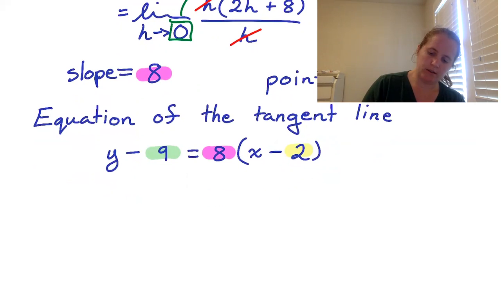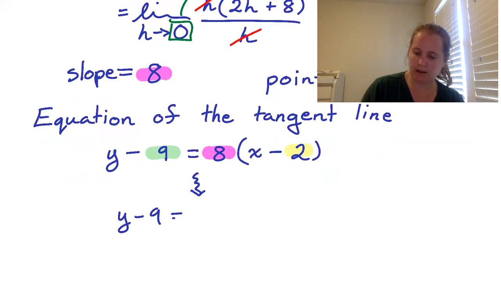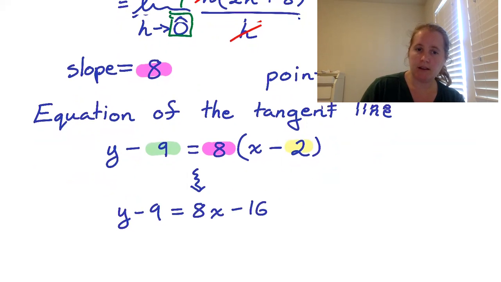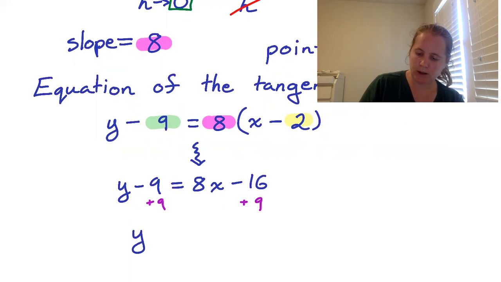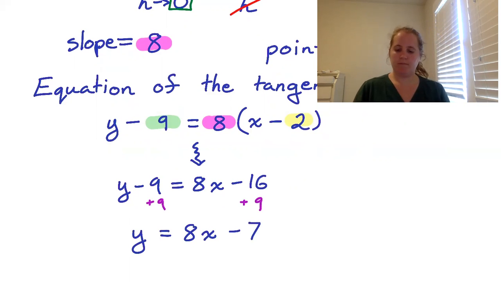So this is the same thing as y minus 9 equals 8x minus 16. And then if we added 9 to both sides, we wind up with y equals 8x minus 7.